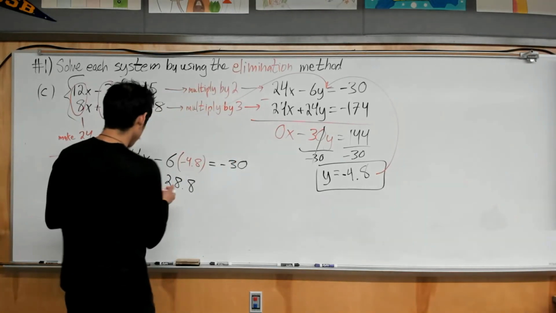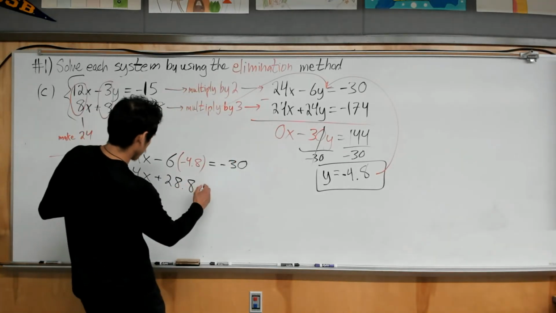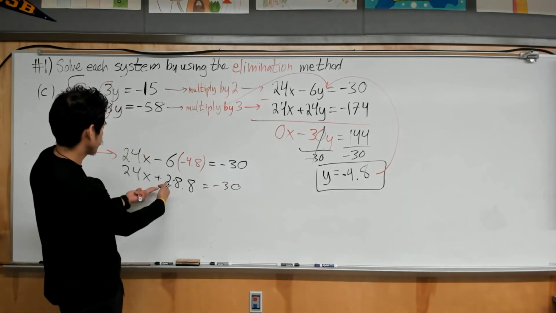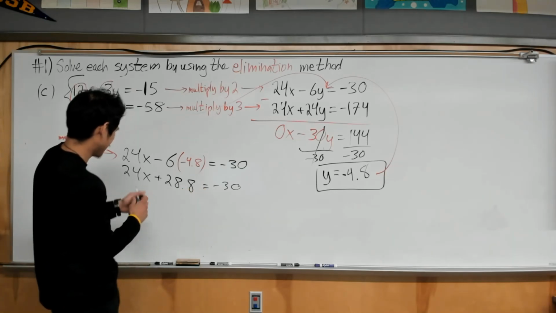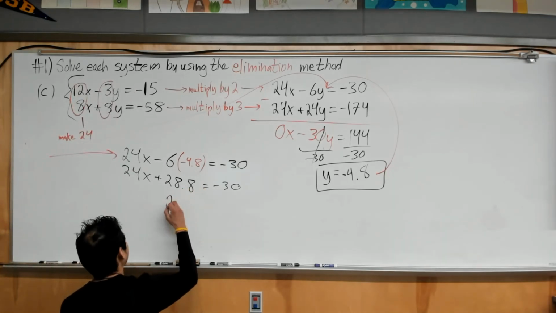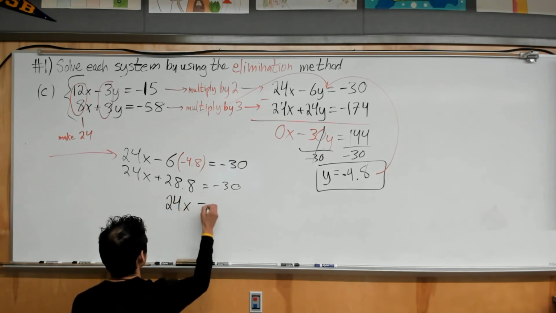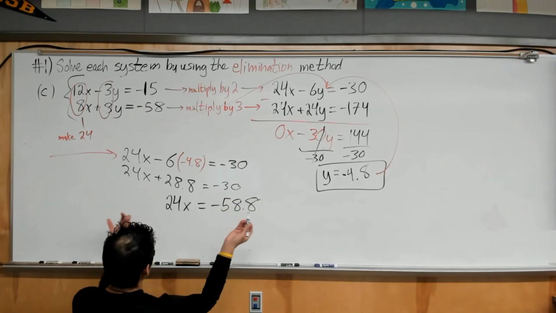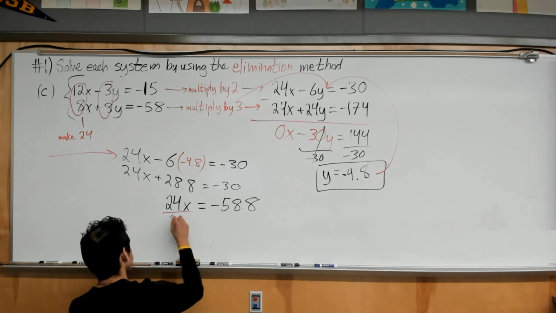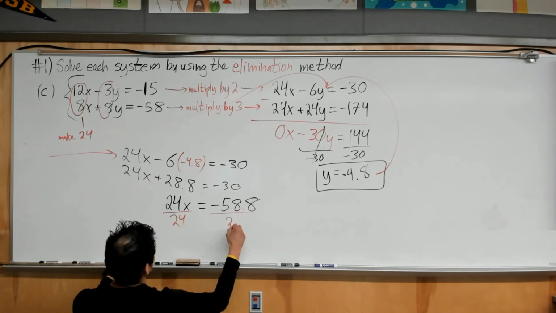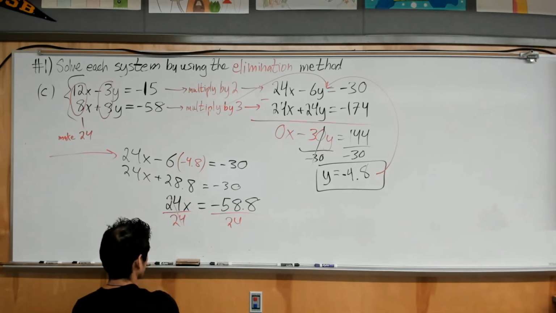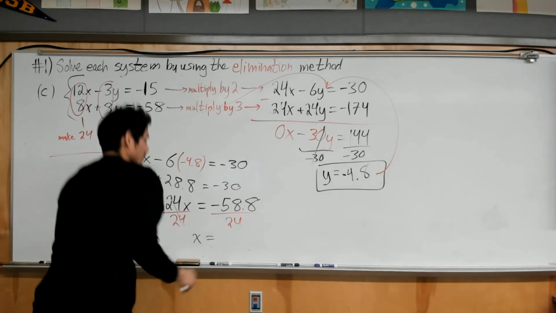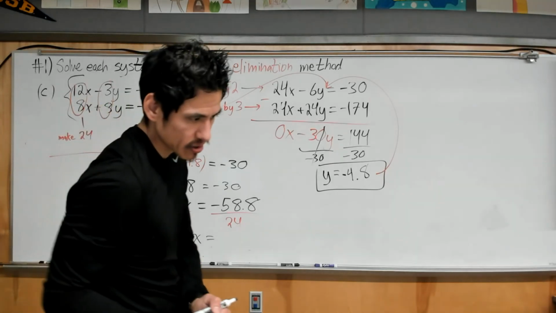All right, picking back up. Let's take away this 28.8 from that. We've got to get down low. That'll be negative 58.8. Am I right? I am right. Divided by 24. Gosh, this is going to be like 2.675.